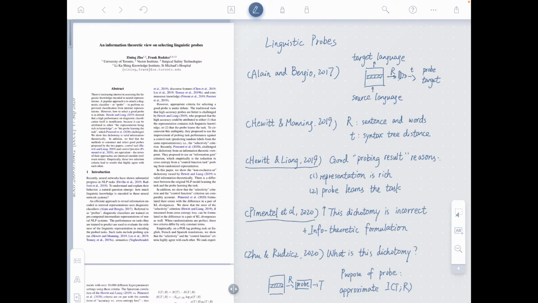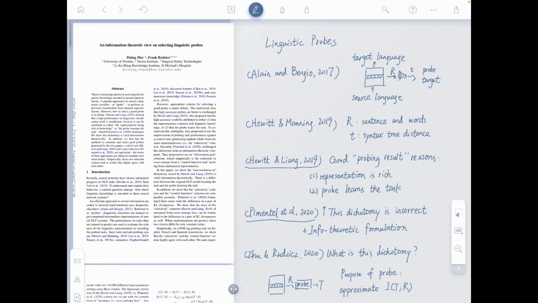They recommended that we should use probes that are as simple as possible to avoid the probe learning the task, because this limits the capacity of the probing model, so that whenever we see a low classification loss, we know it's more likely that the representation is rich in that information.